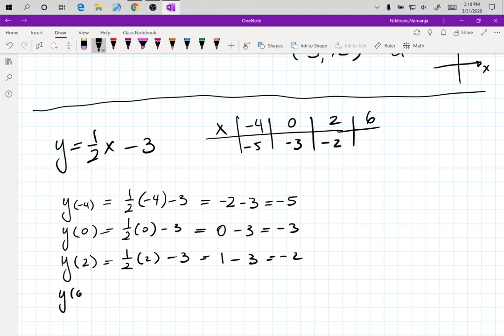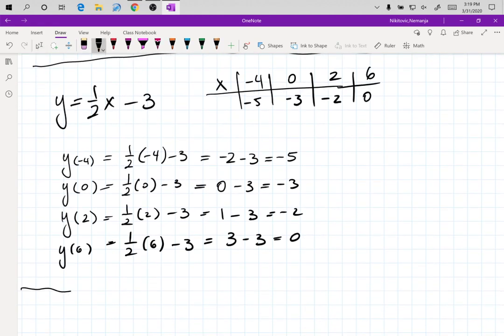And finally, y of 6: when you plug in a 6 instead of x, half of 6 is 3, minus 3 is 0. So we can compute the points like this, and then you can plot all of these and get the graph if needed. Some problems might have some computation involved.